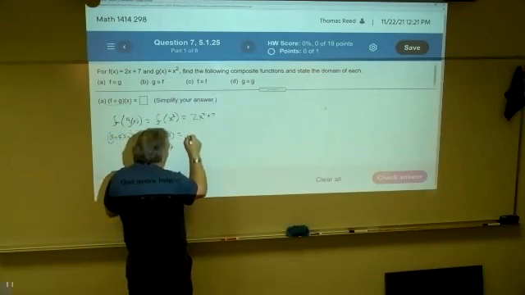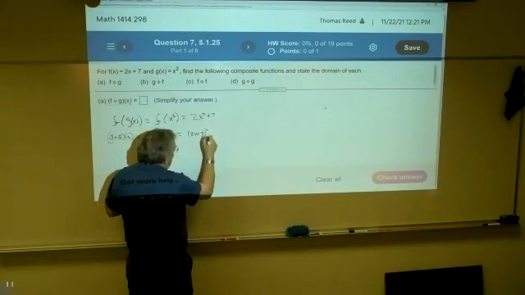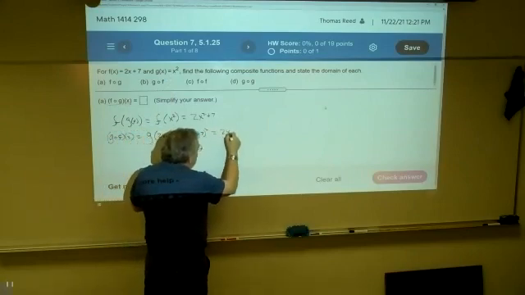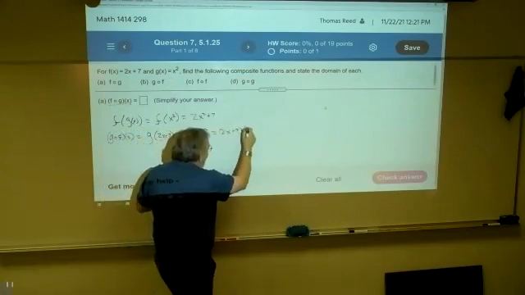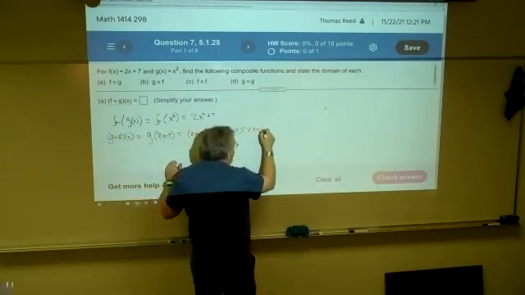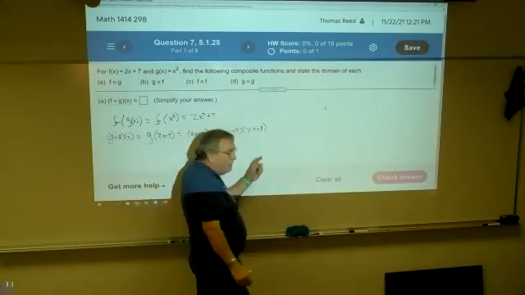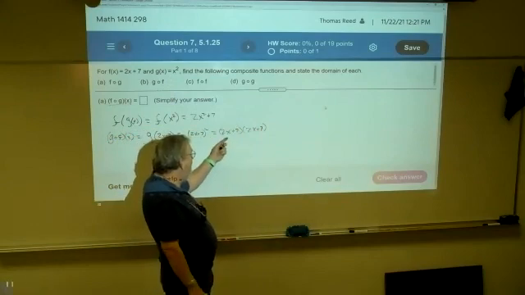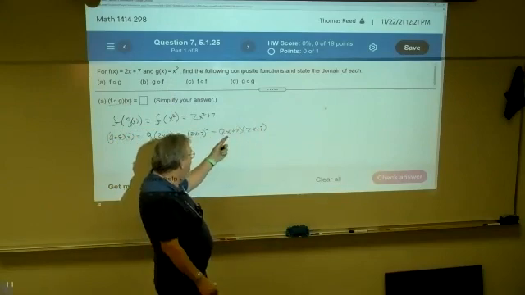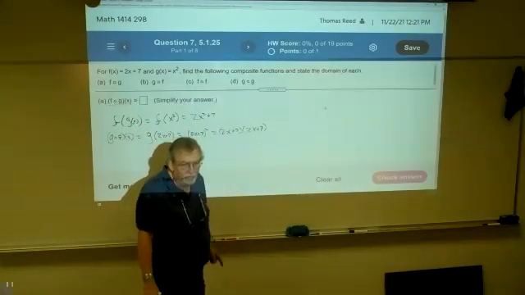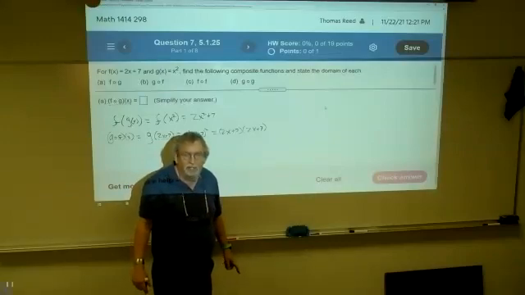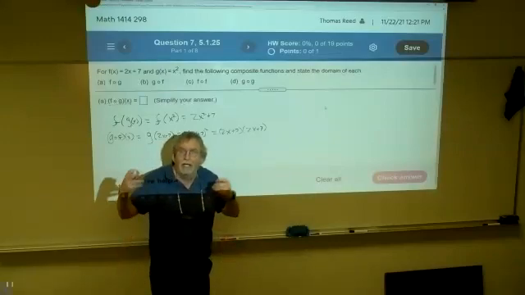So I'm going to square that. 2X plus 7 squared, which means 2X plus 7 times 2X plus 7, which means I'm going to get a middle term. It's not just 2X squared plus 7 squared. It's not 4X squared plus 49. I'm going to get a middle term.